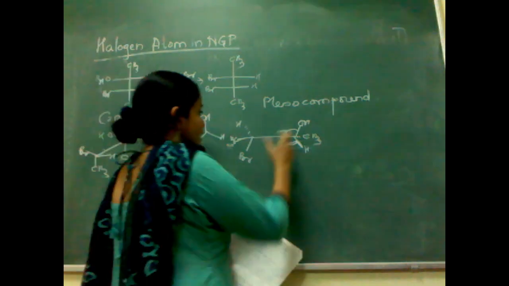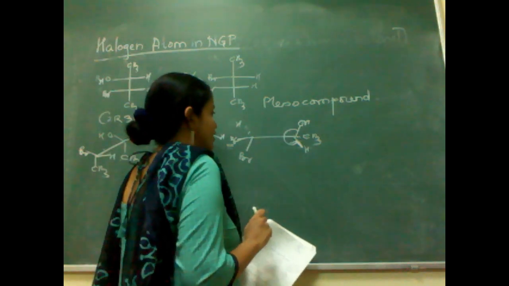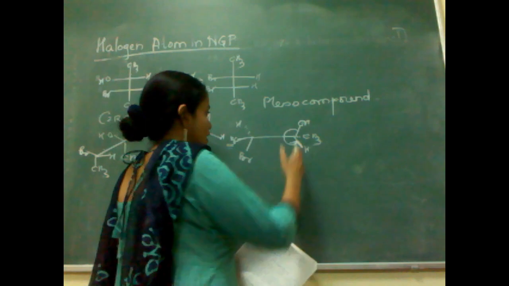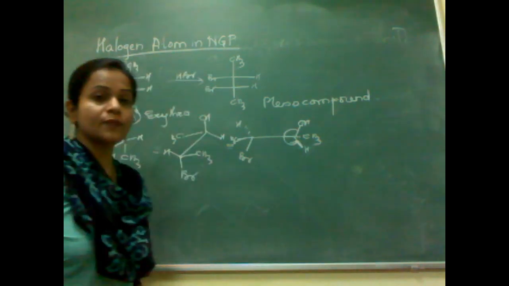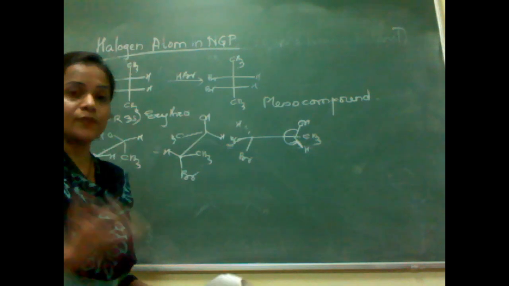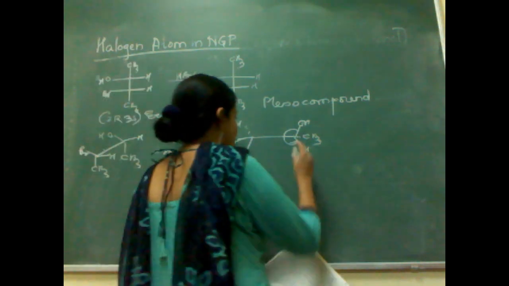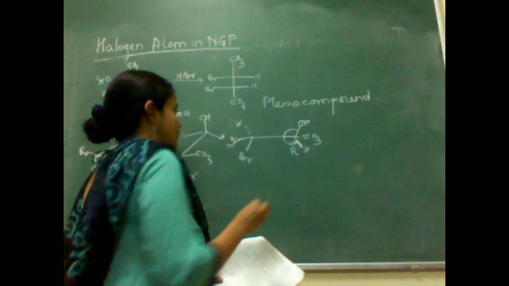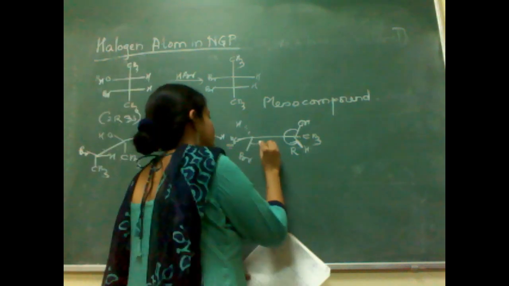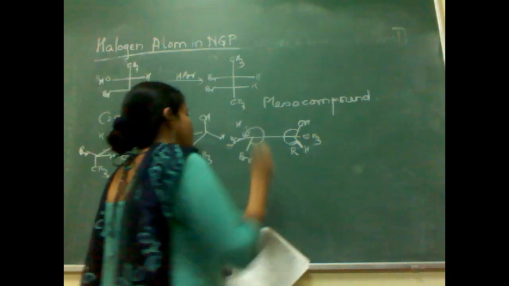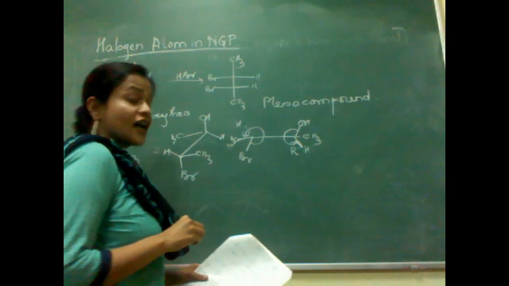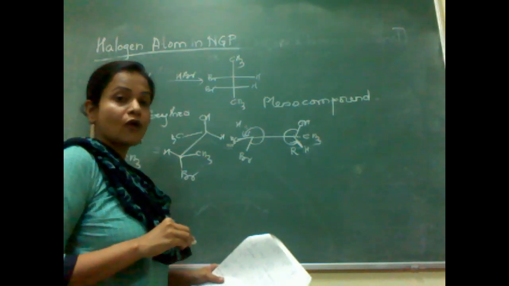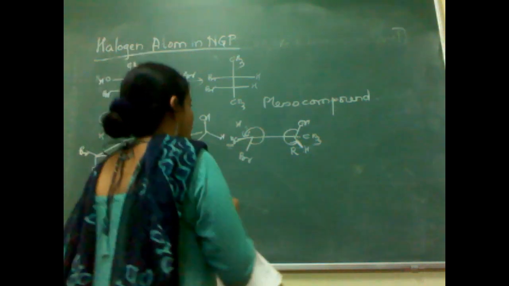Now the carbon atom to which the OH group is attached is 2R. It is going in anti-clockwise direction, but the group of lowest priority, hydrogen, is beta, so that means it is coming towards the observer. So this is R. Now it is going in anti-clockwise direction, and also the group of lowest priority is going away from the observer.